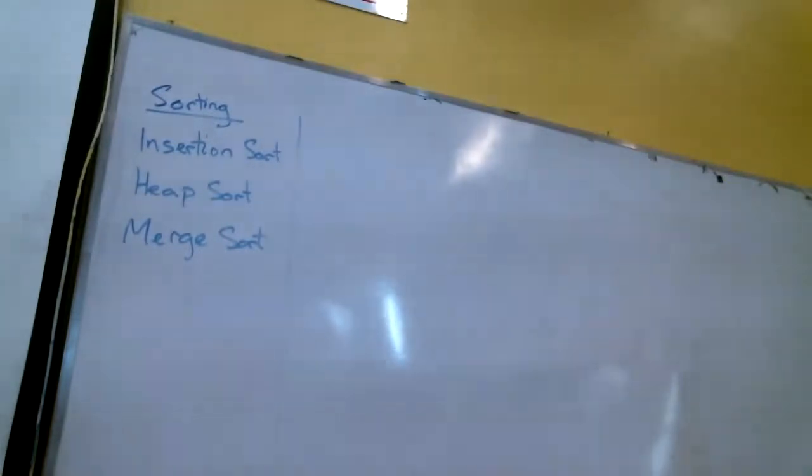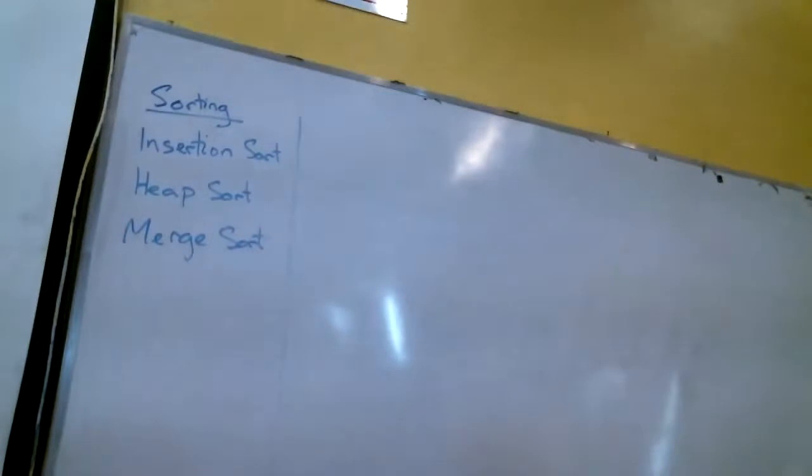How much time does it take to do a single pass? Well, at worst, the last element you need to pick up needs to travel all the way back to the beginning, because maybe it was the smallest element. So that last pass could cost you order n. In general, the ith pass could cost you order i. So when you add up all these passes, you're doing n passes in total.